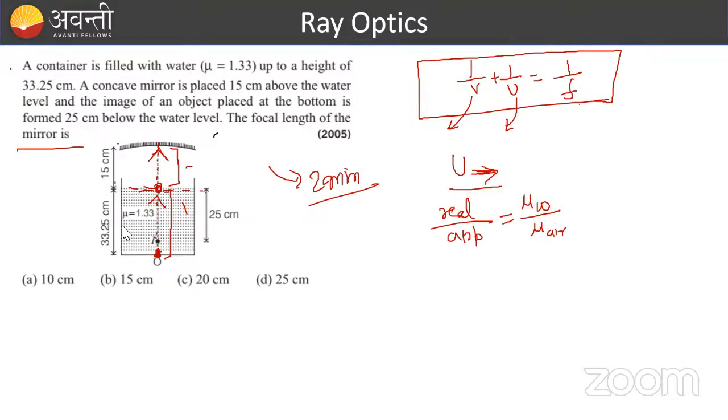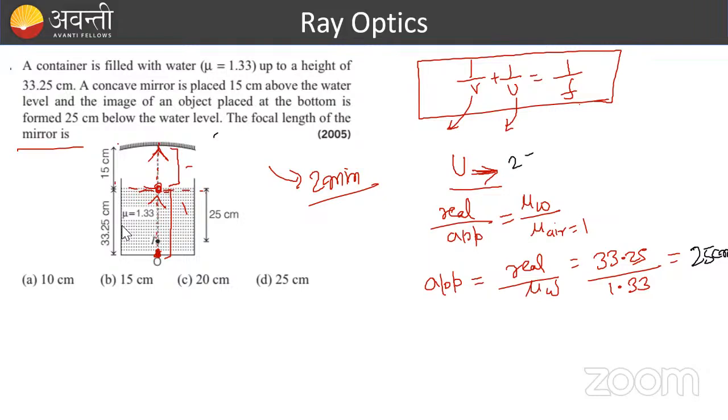Now apparent depth or height, whatever you say, will be equal to, mu air is 1, so real height by mu water. And this will be equal to 33.25 by 1.33. If you divide it, you will get 25 centimeter.